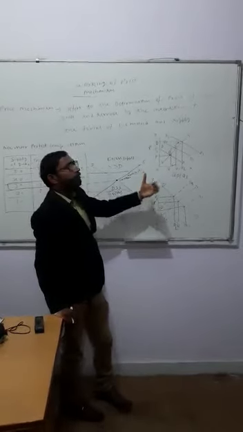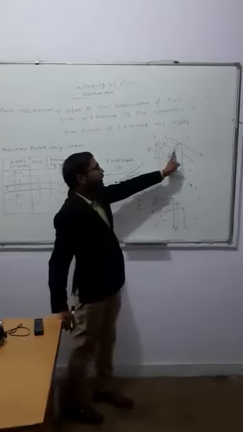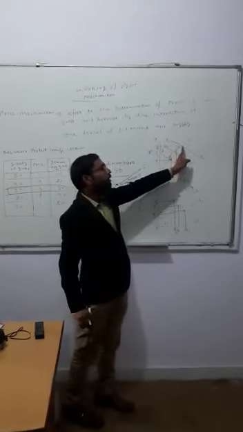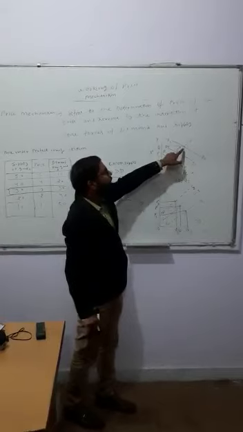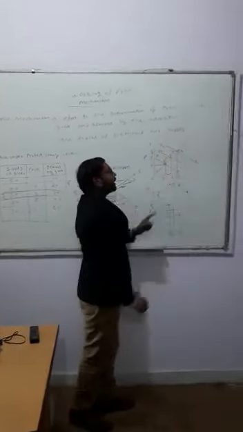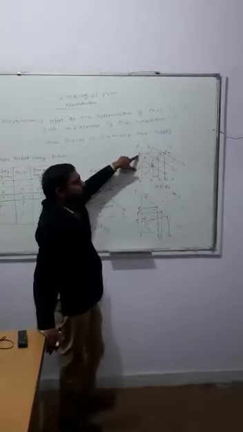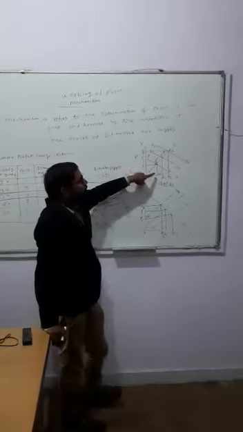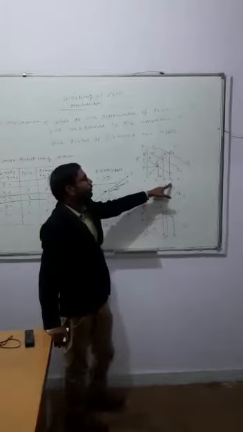In the same way, when demand is increasing, the demand curve will shift rightward and intersect the supply curve at point E2. So our equilibrium price is P2 and our equilibrium quantity is OQ2.